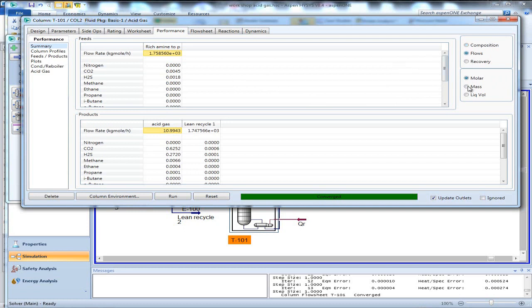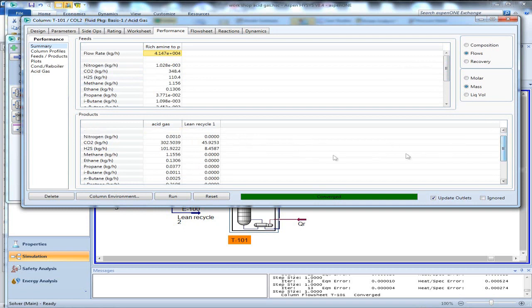So if we change that to the mass flow, you can see that around 450, 480, 460 kilogram per hour of these two is input to the system of distillation column in the rich amine. After the distillation, after the fractionation, around 400 is out to the acid gas, while the only remaining hydrogen sulfide is only 8 kilogram per hour.